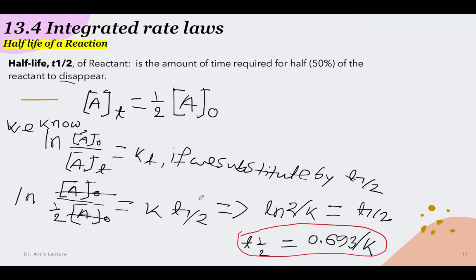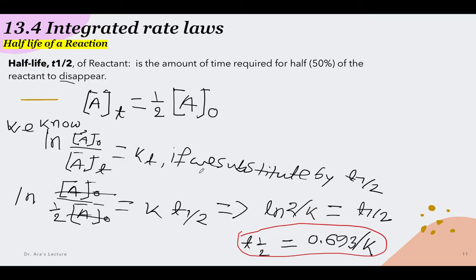So if we put the value of time t as half of initial, we will find the equation for the first order: T half equals 0.693 divided by k. Actually this is ln 2 if we calculate it by putting in the values, because here we take the ln. Sometimes we can substitute the antilog to put the equation in the correct form that you need.